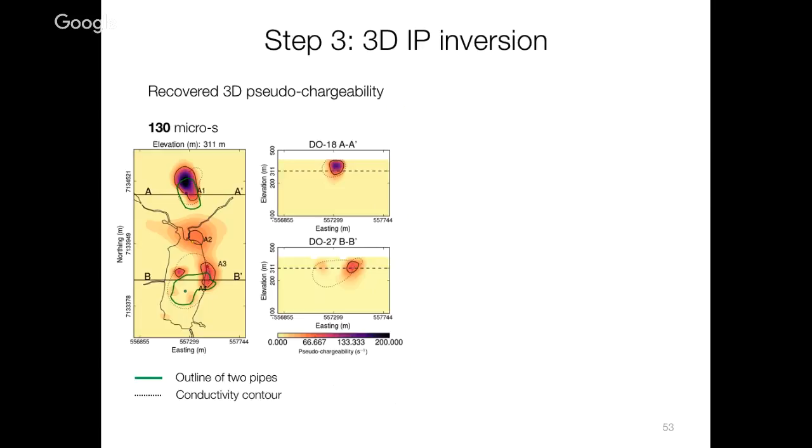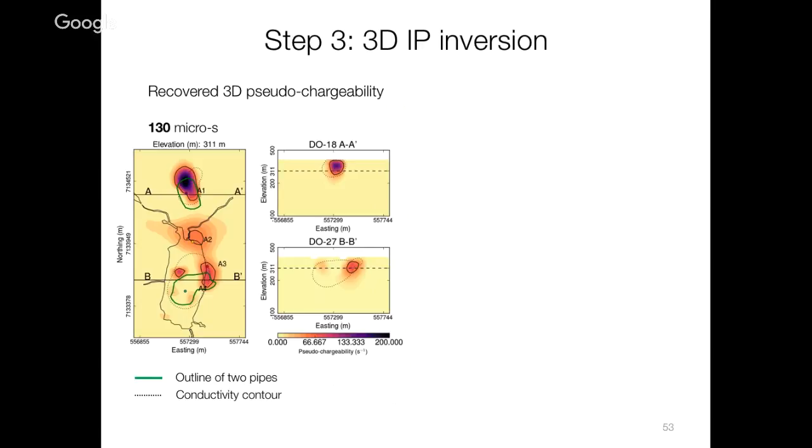This is a very challenging problem, and Sagi is getting his PhD. He's going to defend in a couple of weeks about this. But I believe this is the first time that airborne IP data have been extracted and inverted in 3D. So, a geophysical first here.